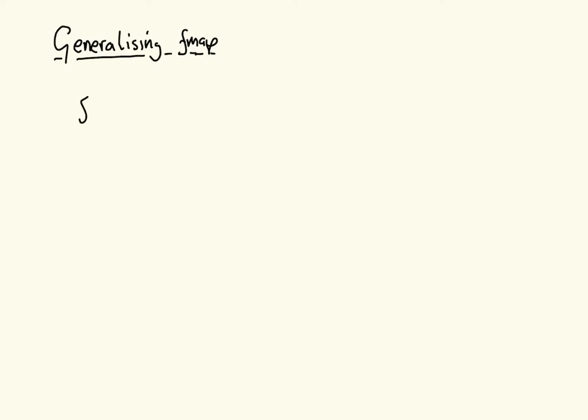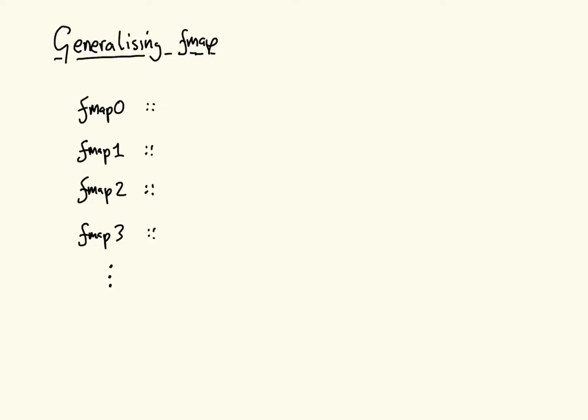So let's first of all think about what types we might have if we generalize this. And we're going to write a whole hierarchy of different function types down here. So let's write fmap of 0. That's going to be taking a function with 0 arguments. Fmap of 1. Fmap of 2. Fmap of 3. And we'll stop there. So let's try and fill in what we think the type of fmap should have if we generalize it to functions with more than one argument.